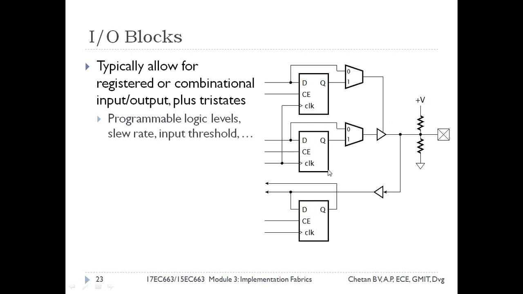This register and the multiplexer, these two are directly connected to the output from the logic block. So the output from logic block can flow through this multiplexer as unregistered output or a combinational output, or else it can flow through this register of D flip-flop and through this multiplexer to form a registered output.